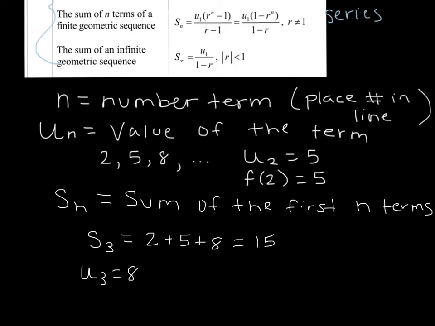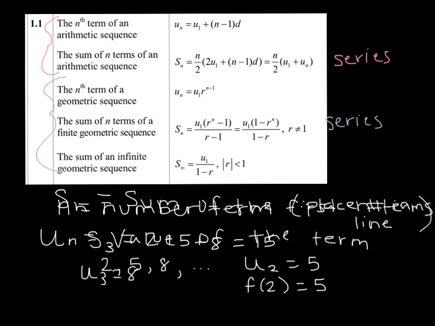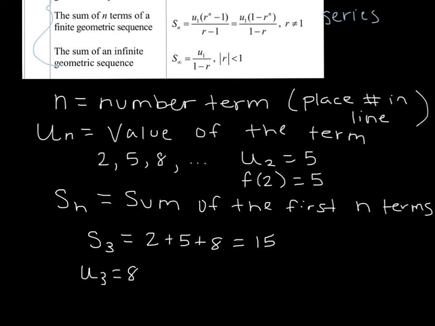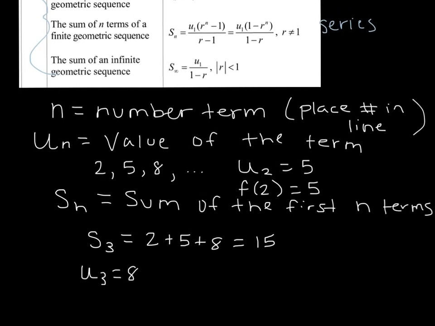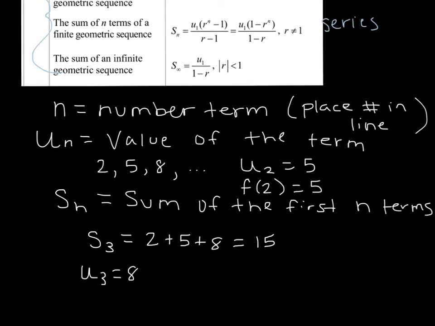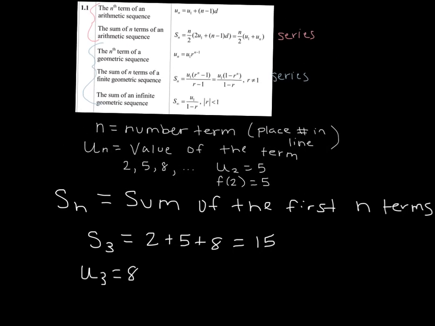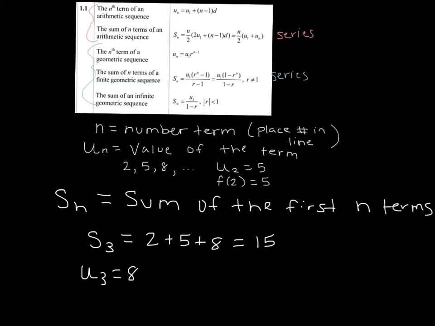So that is how our notation pretty much always works, looking at our formula sheet right there. Let's see if I can get this zoomed out for a second. There we go. So looking at this, we have these two formulas for arithmetic sequence and for series.